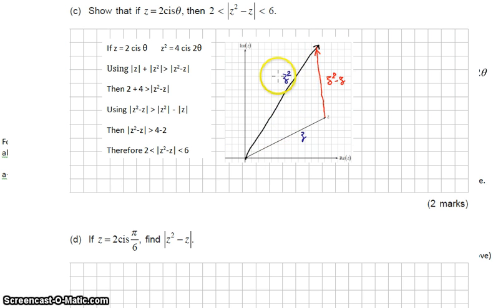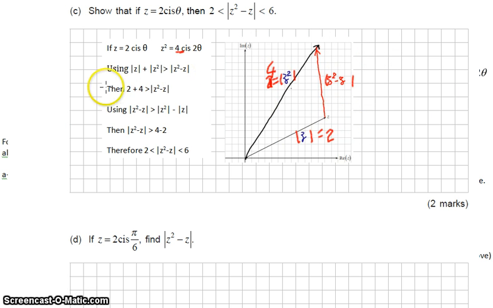Look at this triangle, and we have the modulus. Given z equals 2 cis theta, then the modulus is 2. Oh, sorry, it's 4. This is z squared, and this is 2. Right, because the modulus of z squared is 4.